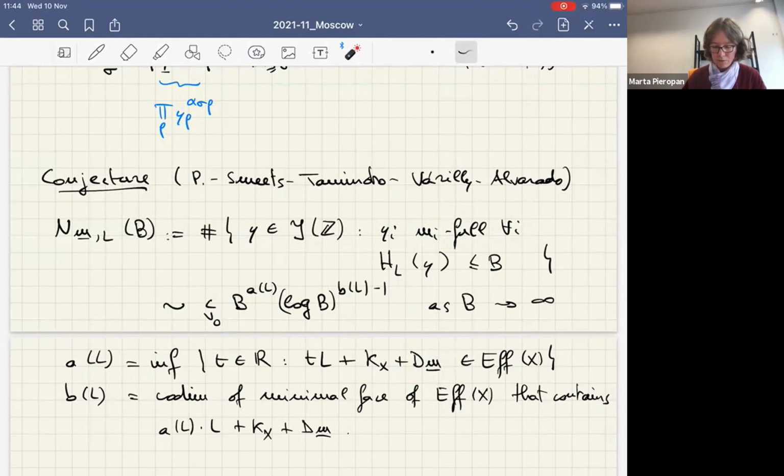And we also have a similar conjecture if we work over every number field. Still, the two exponents don't depend on the choice of the base field. So these are really just geometric invariants.